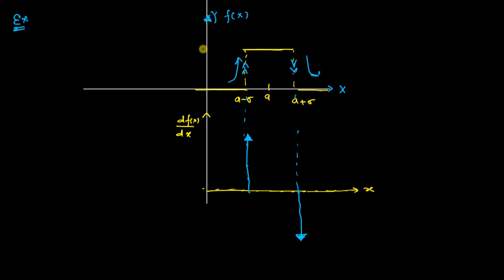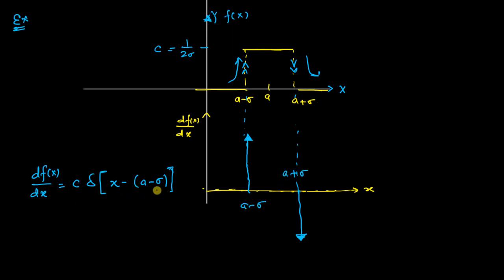Let's say this discontinuity is 1 by 2 sigma. Let's just write it as a constant c. Then you can represent this function df(x)/dx in the delta function representation. This is c, the constant, the strength of the delta function, times delta(x minus (a minus sigma)).